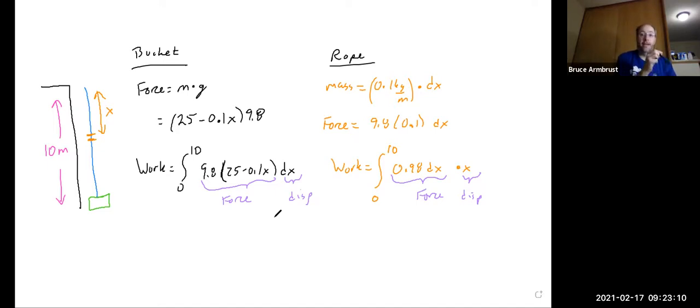The differential chunk for the bucket was the differential distance it moved, whereas for the rope it was the differential chunk of rope, so it shows up in a different place. But we just add those two together, and that gets us our total work done.